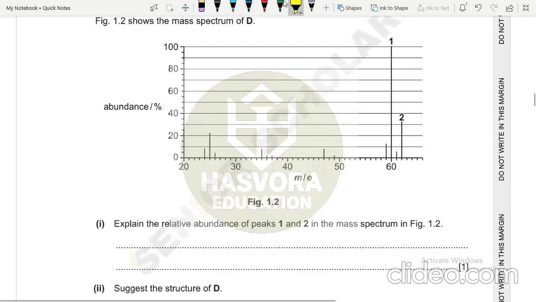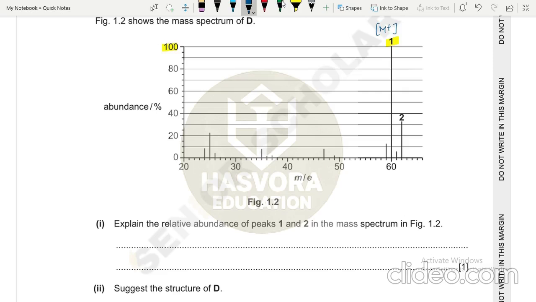So if you look at the peak 1, it has a percentage abundance of 100%. It means that it will be the molecular ion peak, or the peak of the compound when it has all the atoms, or you can say it has an isotope that is more abundant. So the molecular ion peak is always at 100% abundance.